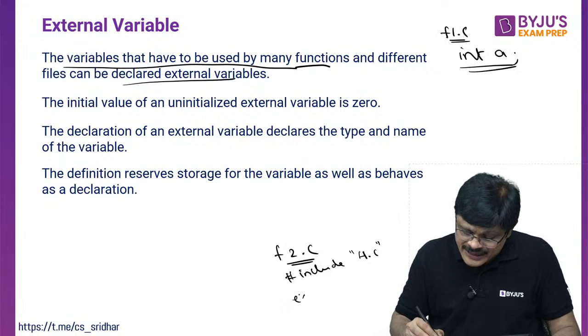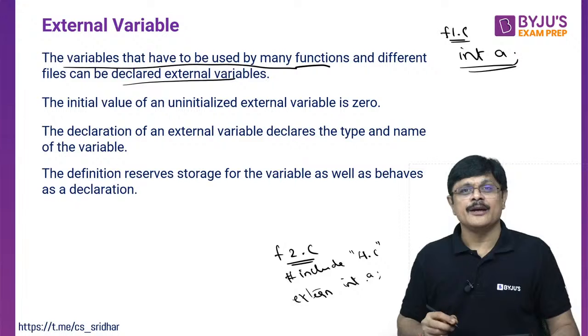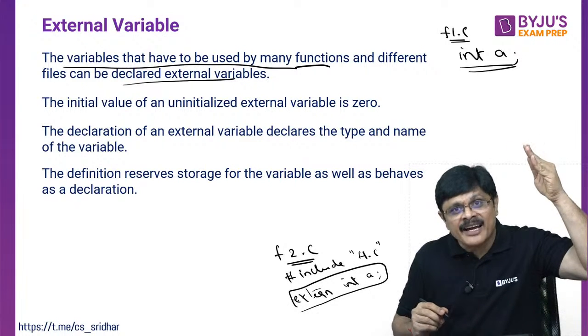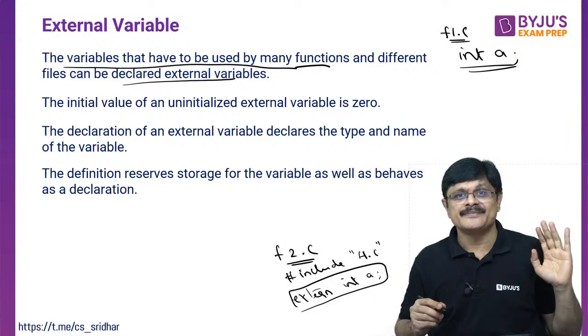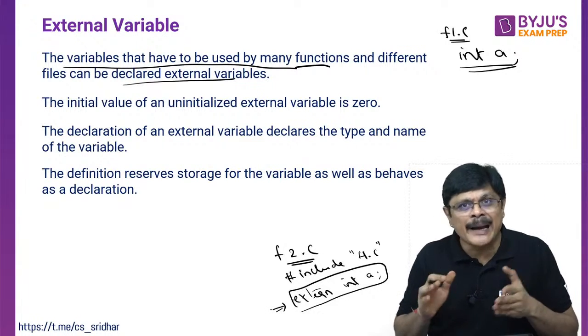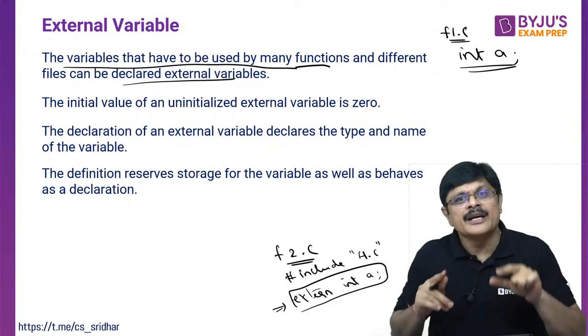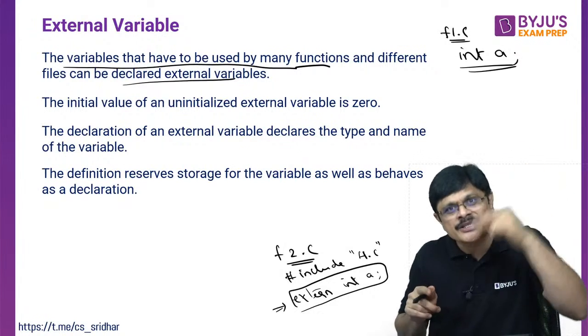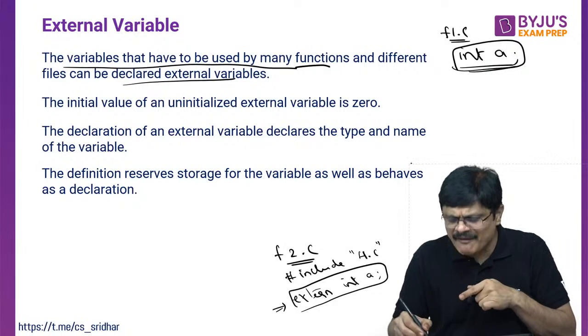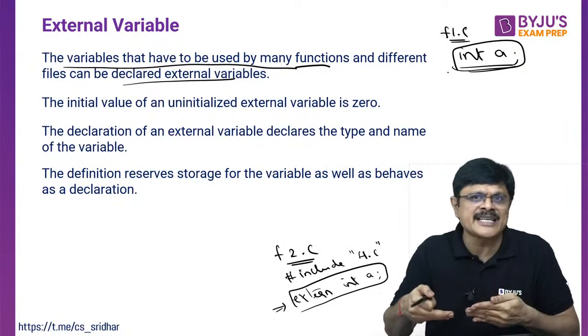Then I have to say extern int a, which means this a is already defined somewhere and I am using it. You are just telling the compiler that I am not defining any memory here. This fellow is already available, use that only here. So it may be available in file1 or it may be available in the same program.